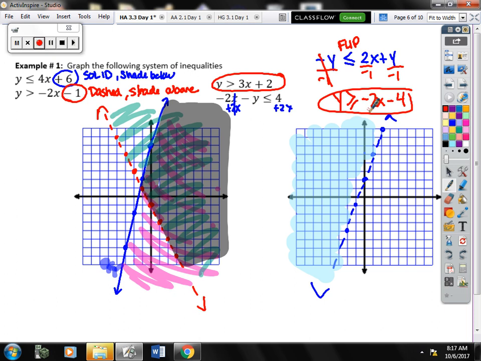The next one, make sure you follow the new one we wrote. We'll start at -4 on the y-axis. And we'll count down 2 and to the right 1. This one's going to get a solid line.